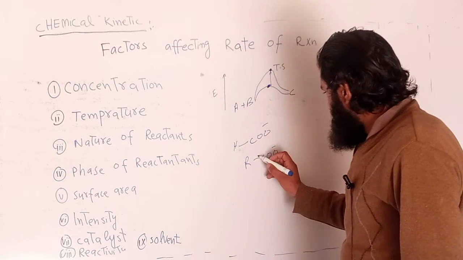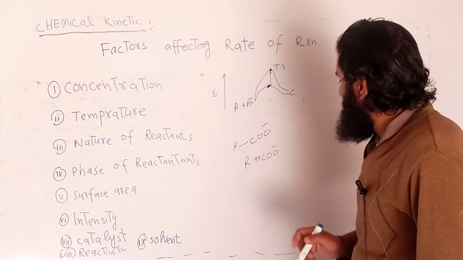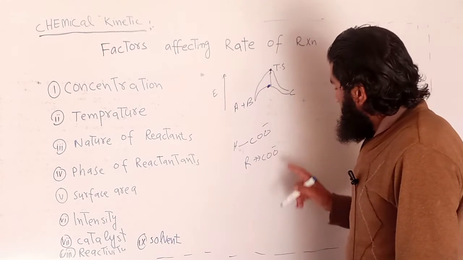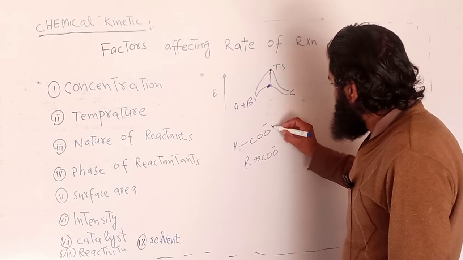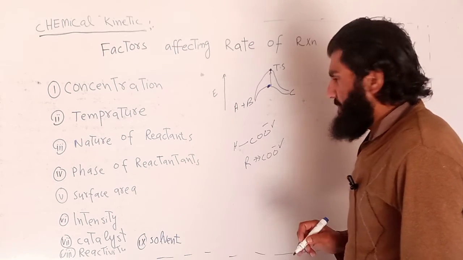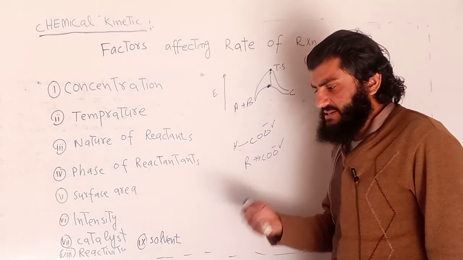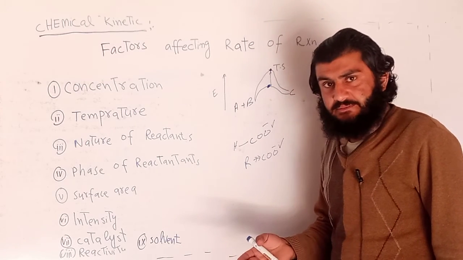In both cases, which one will be more reactive? We know that this is a base and this is also a base, but the reactivity of a base depends upon the strength of the base.